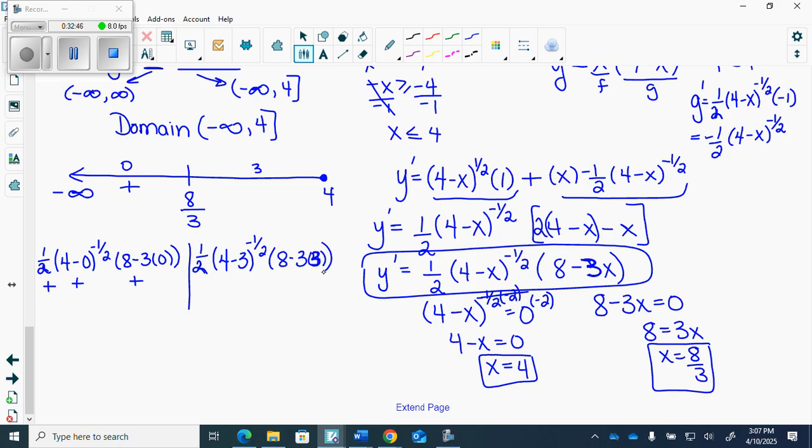All right, so I get positive, positive, negative, which is negative. So this is increasing to decreasing, so it's a max when x equals 8/3. Did anyone figure out the y?